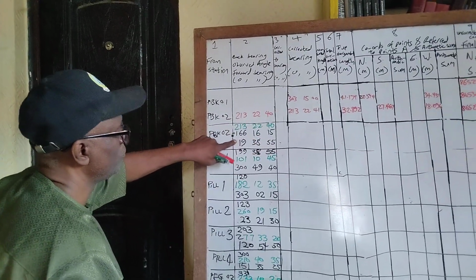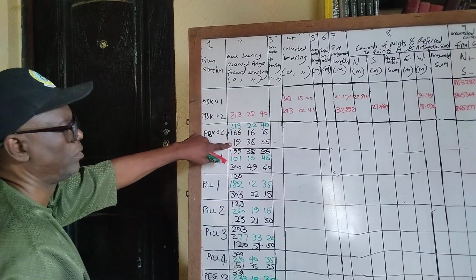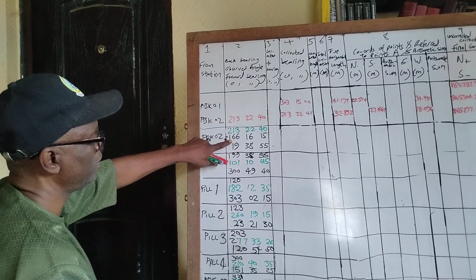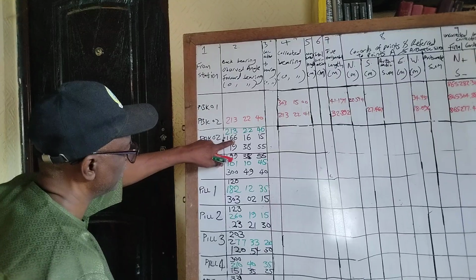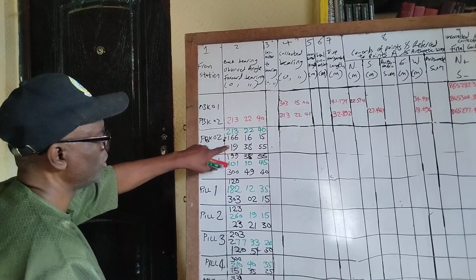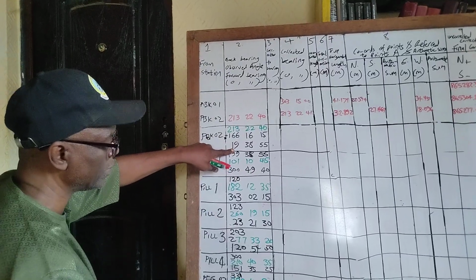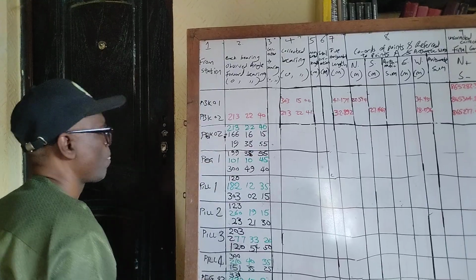It gives you a figure bigger than 360. This is 379. So when you subtract 360 from it, it gives you 19. That's how we arrived at 19 here, 3855.